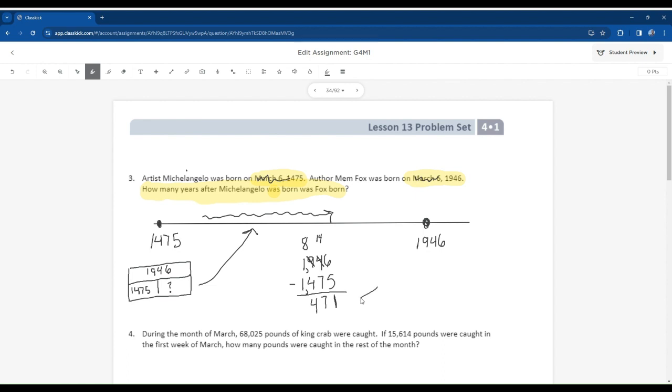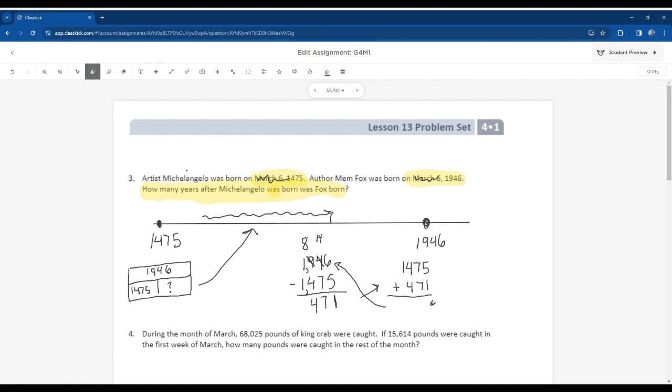So again, in order to check my subtraction, I can use addition by taking the difference that I found and adding it to the smaller number, and I should end up with my larger number. So I'll take 1475 plus the 471 years, and my answer should end up as 1946.